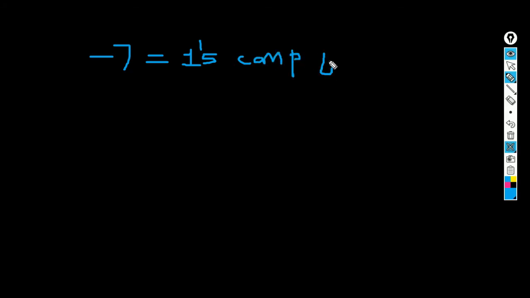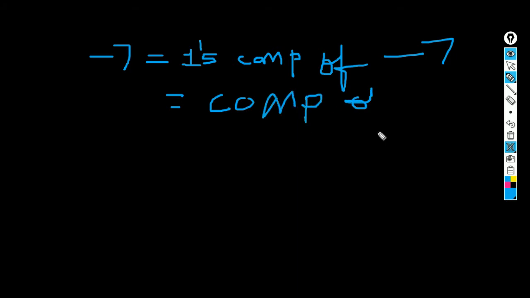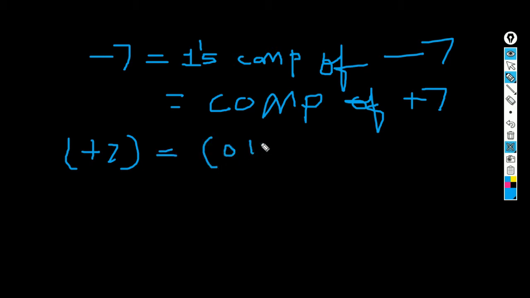One's complement of minus 7 is equal to the complement of plus 7. So plus 7 in n equal to 4 bit format: our number is positive, so the MSB bit is 0, and the remaining bits represent the magnitude, 1, 1, 1.